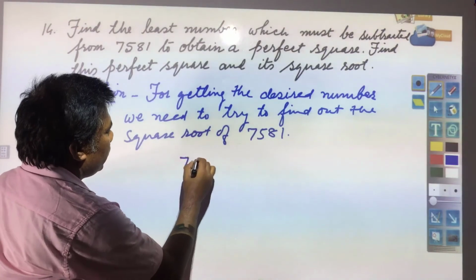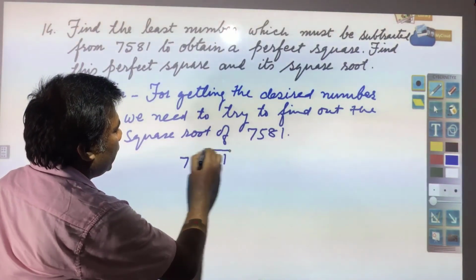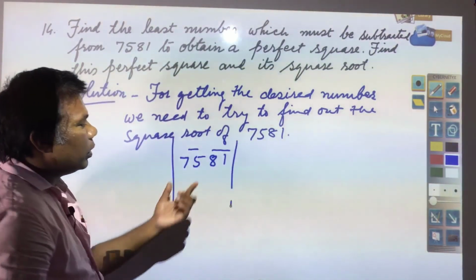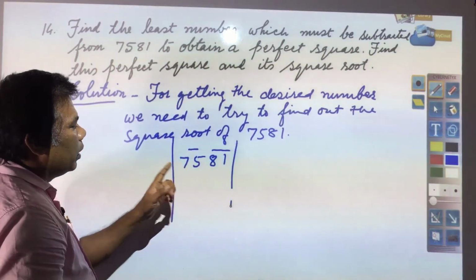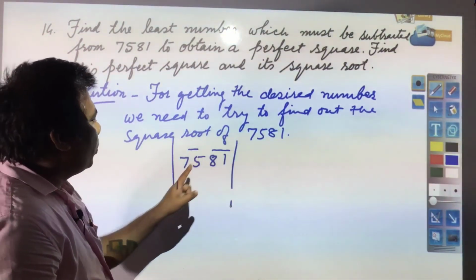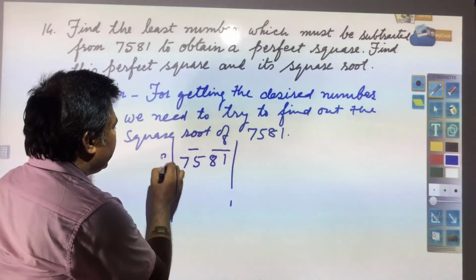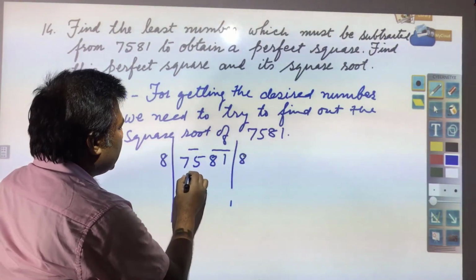Here you see 7581, pair it and try to find out square root of this number. So, here you see 8 8 is 64, 9 9 is 81. So, 8 times it will go, 8 8 is 64.